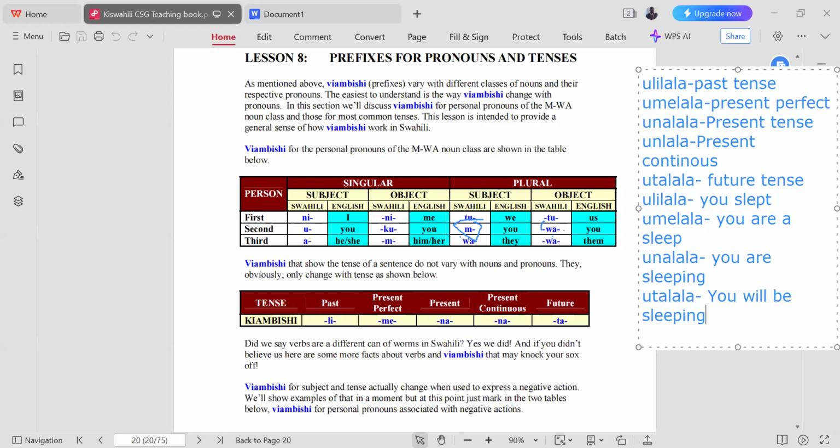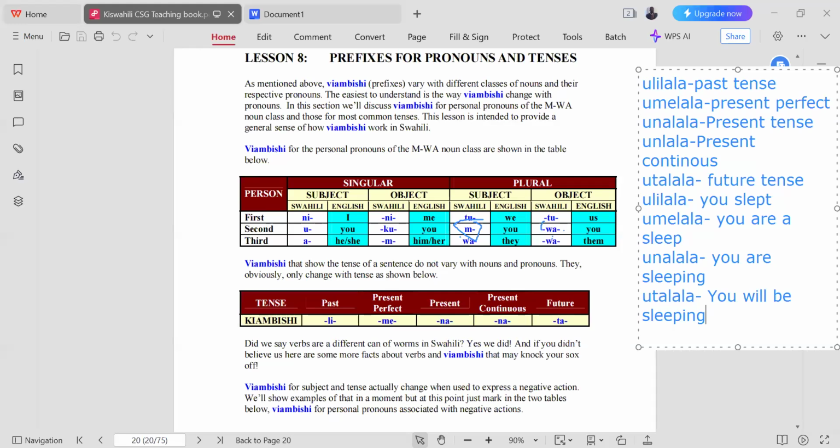So the action that immediately happened is what you call the present perfect. Then the action happening now is the present. Then the action that is continuously in the process of happening is the present continuous. But now in the future aspect, it will be the word utalala, which means you will be sleeping.